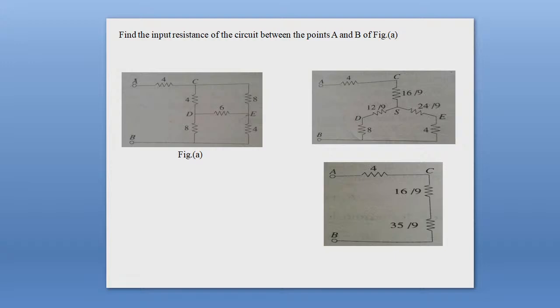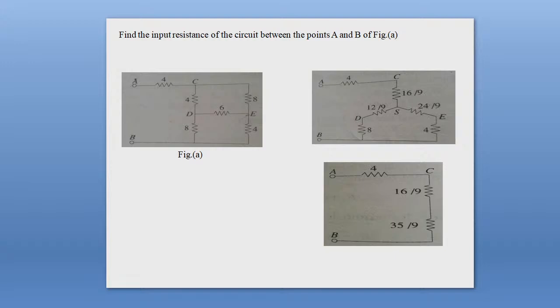But everyone, try to understand that the pi network is converted into a Y network. In the original figure, the pi network consists of resistances 4 ohms, 6 ohms and 8 ohms.